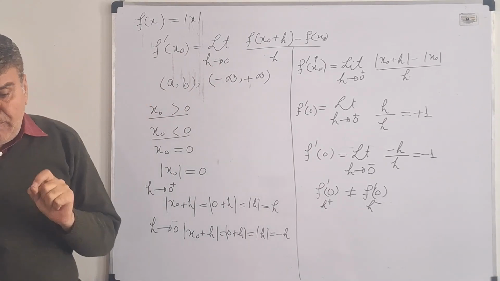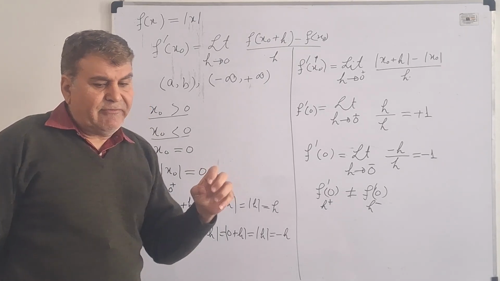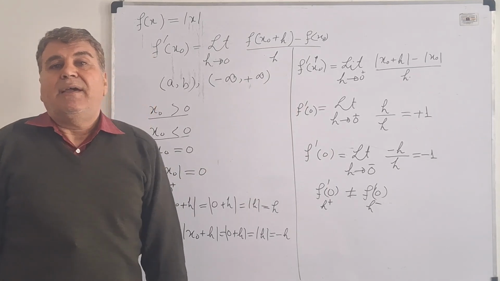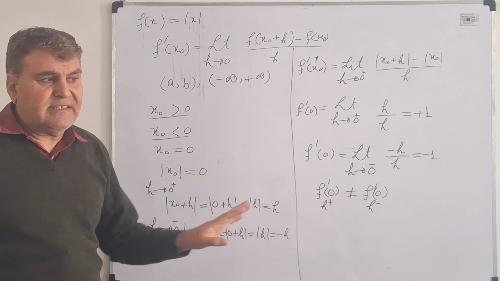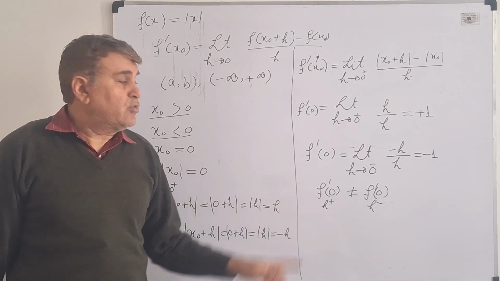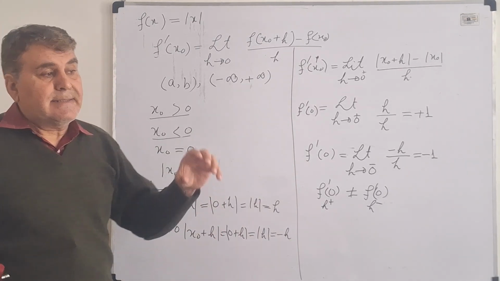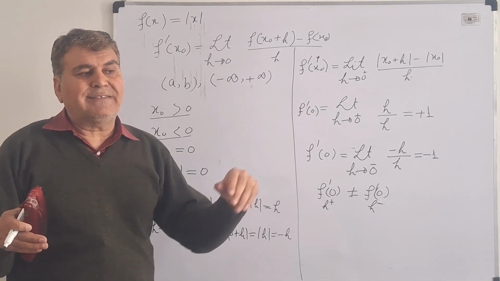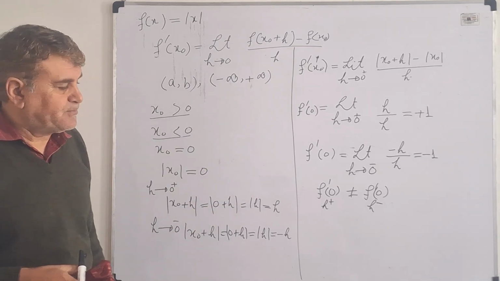So if at a given point the values of the derivative from the left and right sides of h do not agree with each other, in that case, the function is not differentiable. This is an analytical check of the differentiability of a function. So this way you check the differentiability of a function by choosing h from the positive side and the negative side. We call these left side and right side values of h.